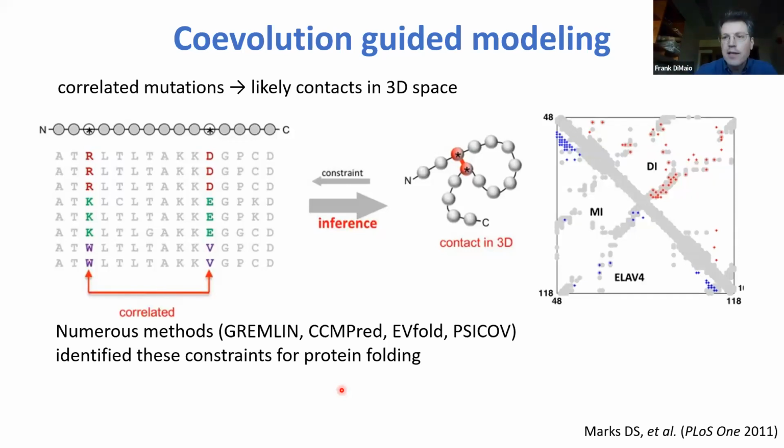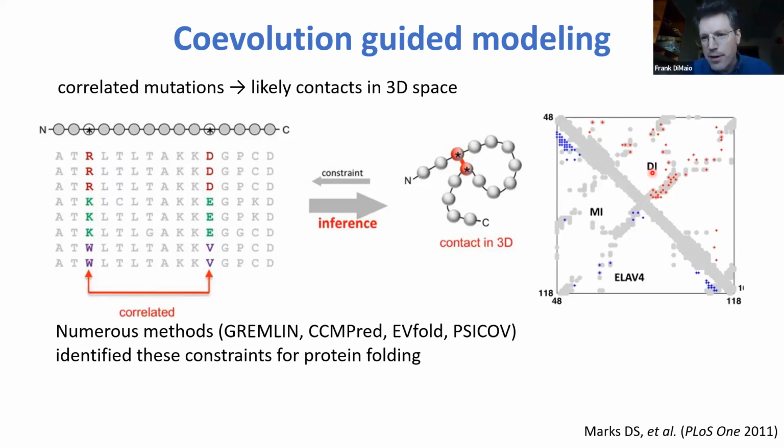People more than 10 years ago recognized that if you have enough sequences, you can use this to predict, on the right here I'm showing a contact map of the protein. These are residues of a protein that are in contact with each other, and you can predict these pretty accurately. In fact, given enough sequences, you can predict this accurately enough to determine the three-dimensional structure of a protein overall. This was really powerful, but of course, you need many, many sequences.